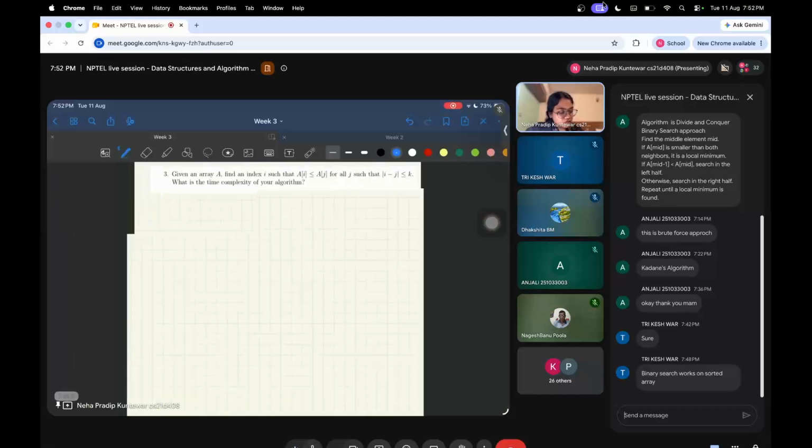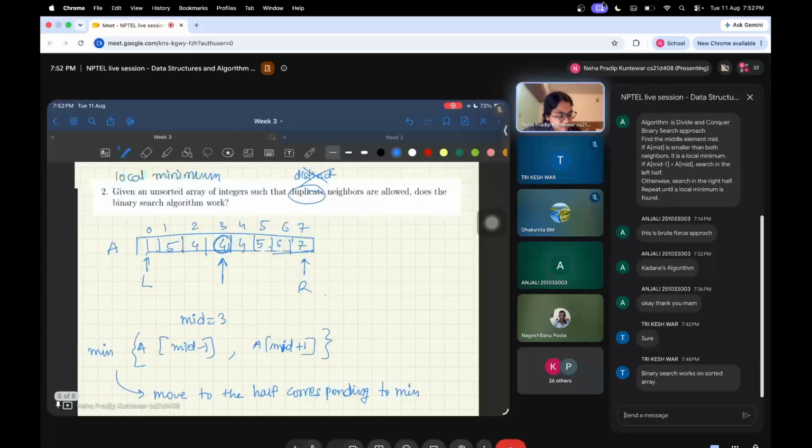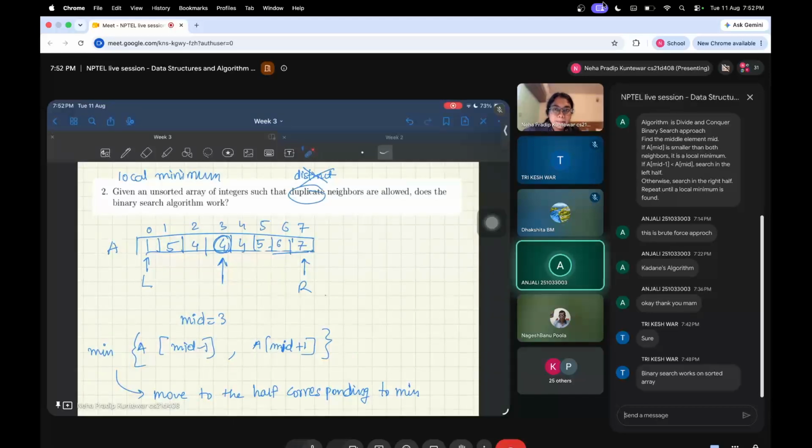Okay. So here, ma'am, what is the best way to find the first and the last occurrence of the element using binary search? You mean when the array is of size n?